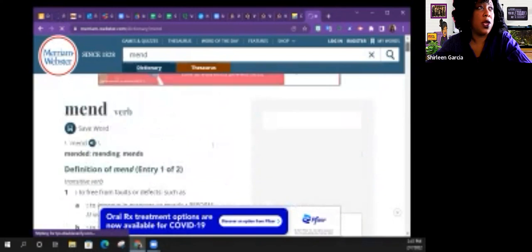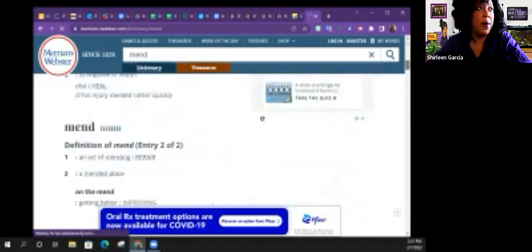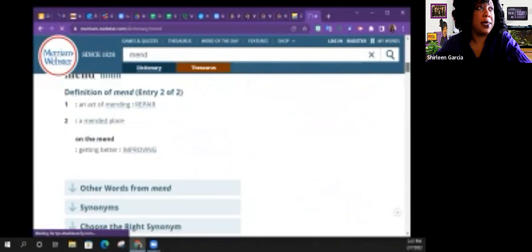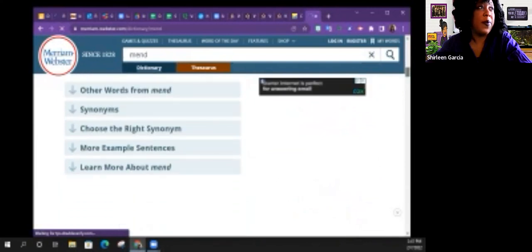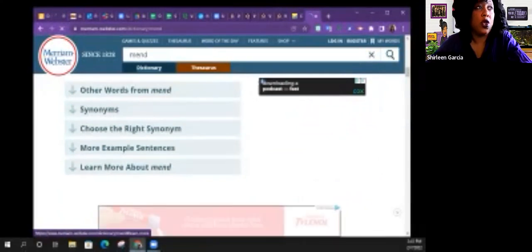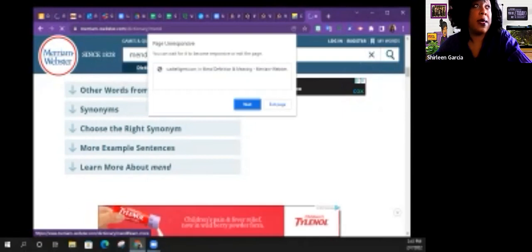You can use it as a verb. Then if you move down here, it's showing you what it means as a noun. It's showing the synonyms. It has more example sentences. You can learn more about the word mend.